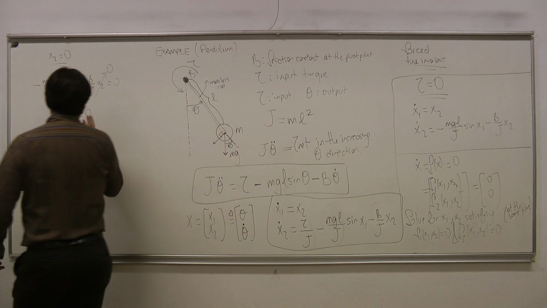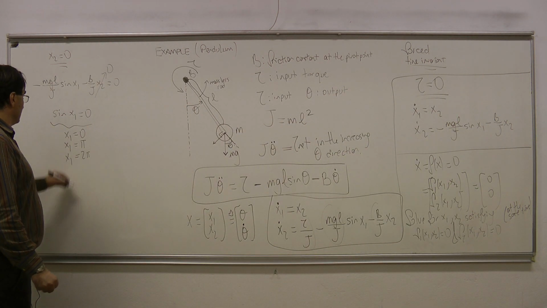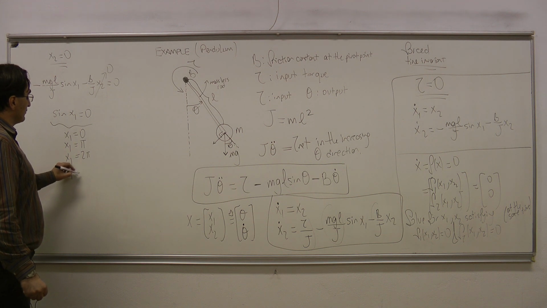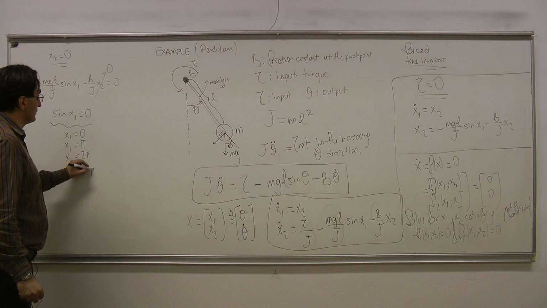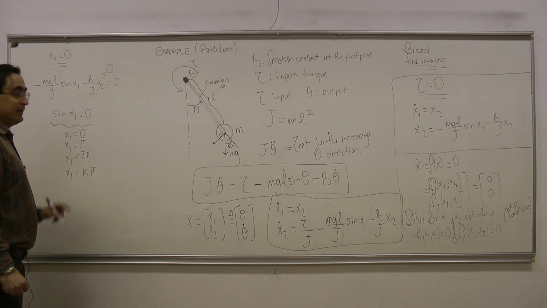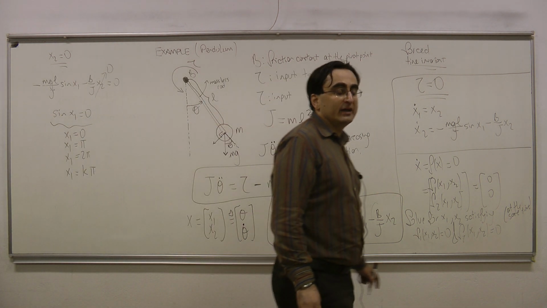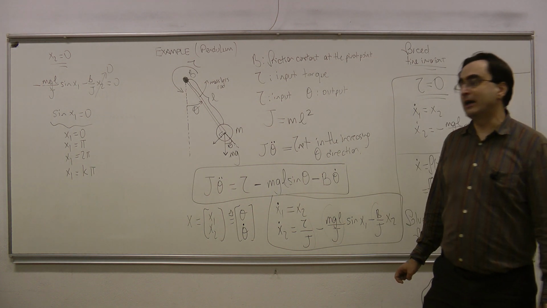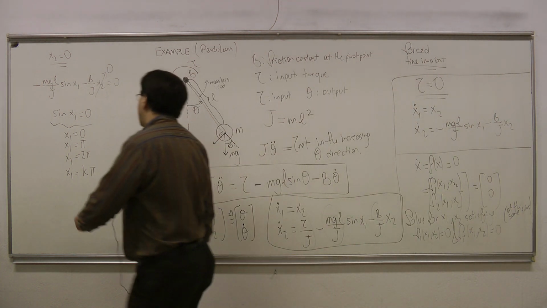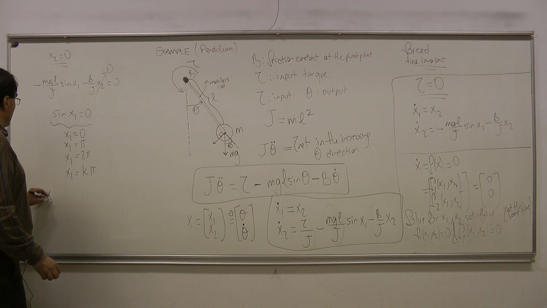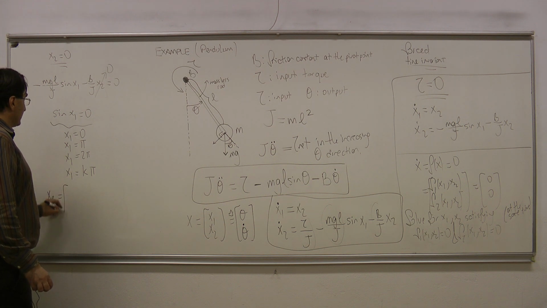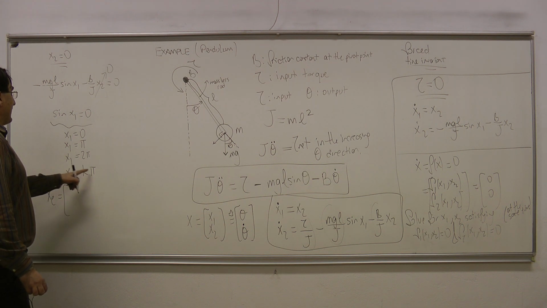So I know that any point which looks like x1 is equal to k times pi, and k is an integer, would be a candidate x1. So I would have the equilibrium points of the system can be characterized as follows.